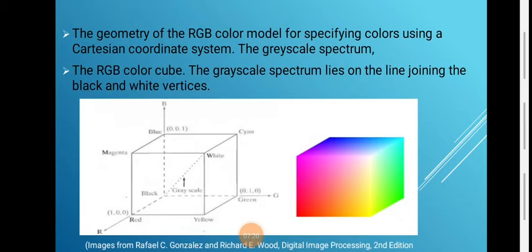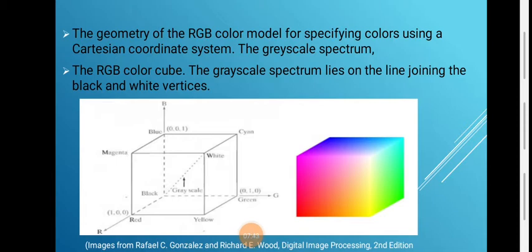This is the geometry of an RGB image. It looks like a cube, the RGB cube. In the center is grayscale, which varies from white to black. Black represents 0, 0, 0 and white represents 1, 1, 1. On the green axis, only green is available.